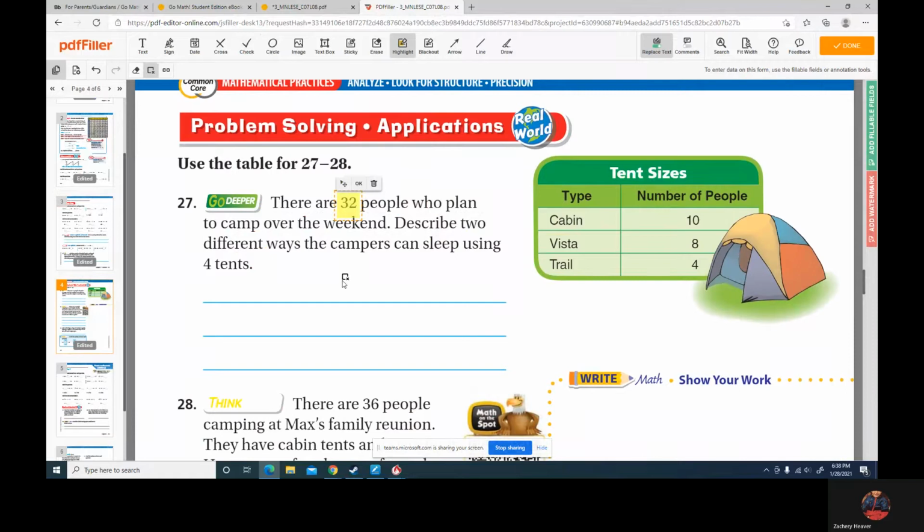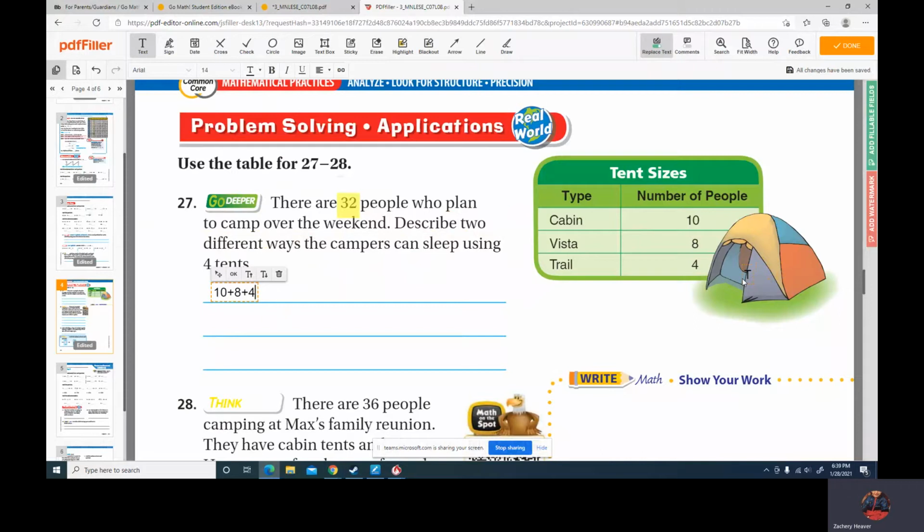So let's take 32. Let's just add. So we know a cabin makes 10, okay? A cabin can hold 10 people, so let's use 1 cabin plus 1 vista plus 1 trail. I'm going to use 1 of each. So if I use 1 of each, I have 10 plus 8 plus 4, which makes 22.